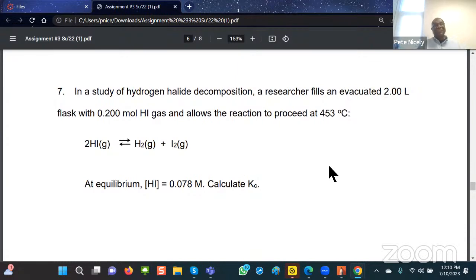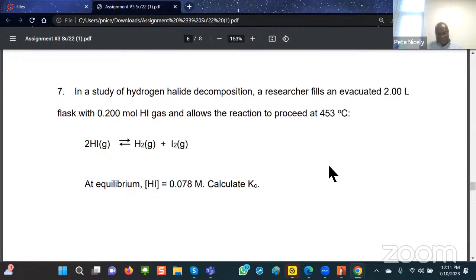It gives you the balanced equation for this reaction, and it says, in a study of hydrogen halide decomposition, a researcher fills an evacuated 2.00 liter flask with 0.200 moles of hydrogen iodide gas, allows the reaction to proceed at 453 degrees Celsius. And then the question says, at equilibrium, the concentration of HI is 0.078 M.